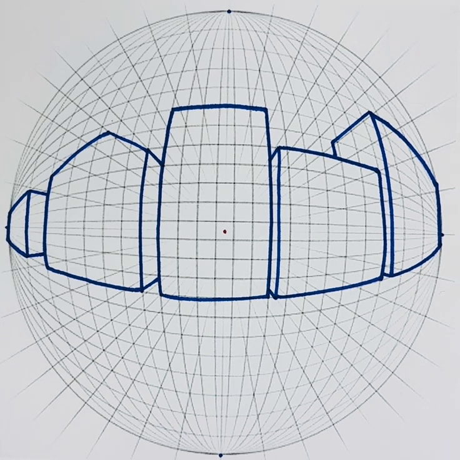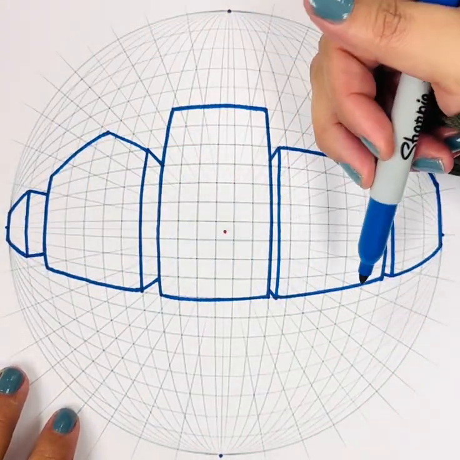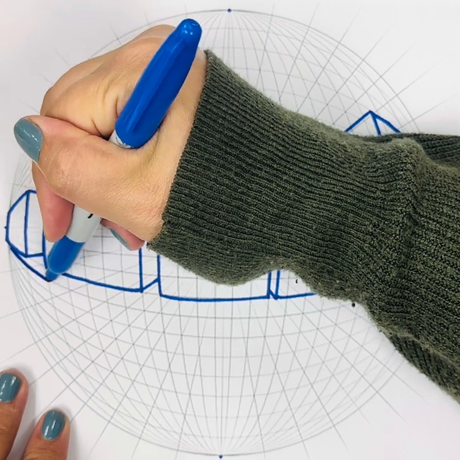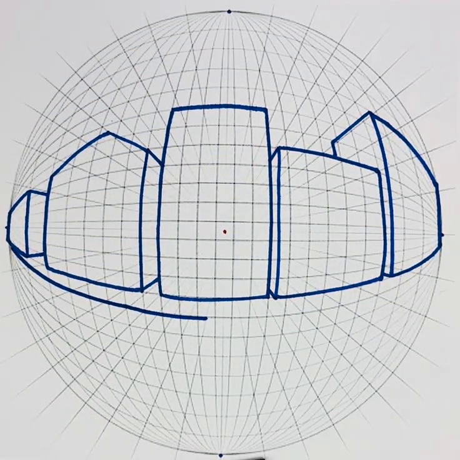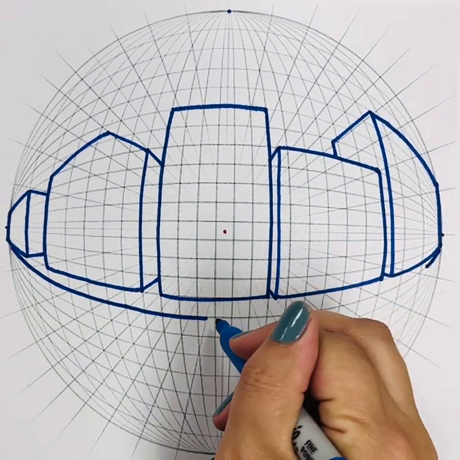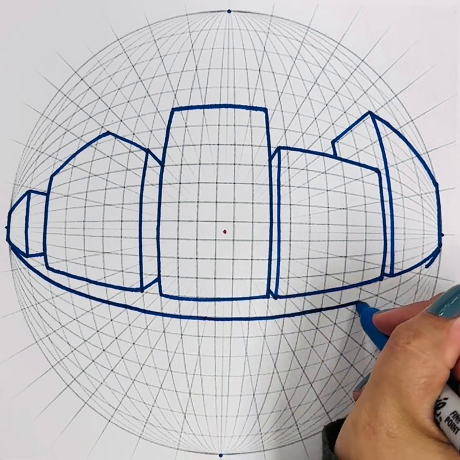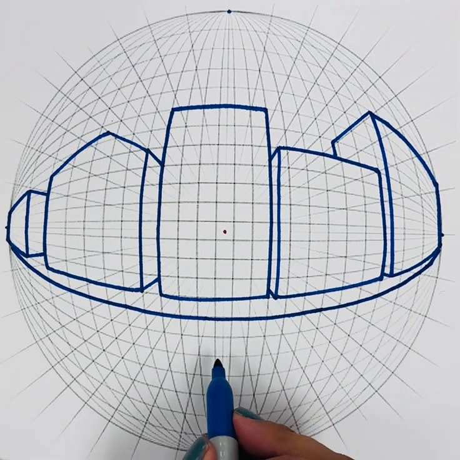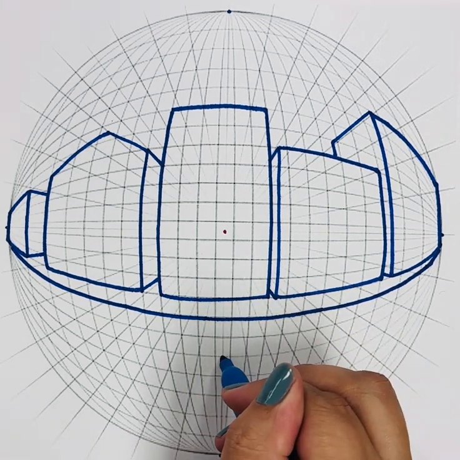Next up, I'm going to add a sidewalk. I want my sidewalk to be in front of the buildings. So I'm just going to follow one of these lines that are already on here. You can make your own line if you'd like. Okay, and for my sidewalk, I'm going to do 2 squares.